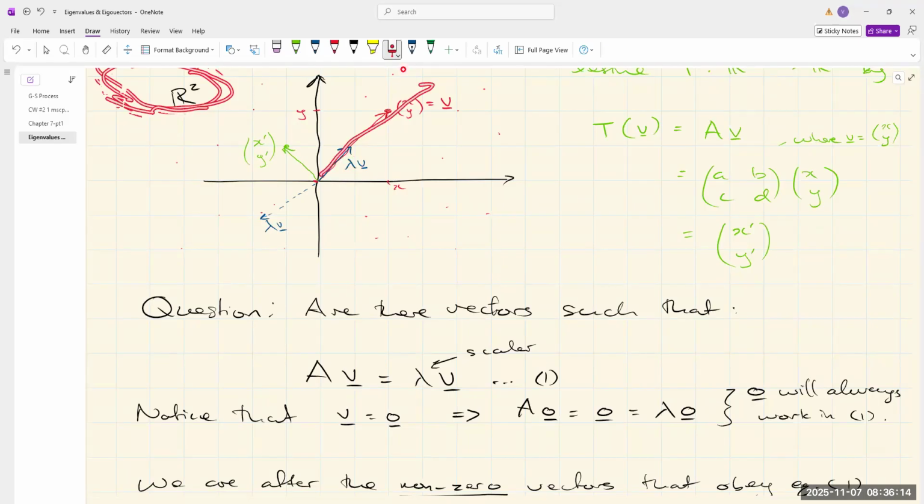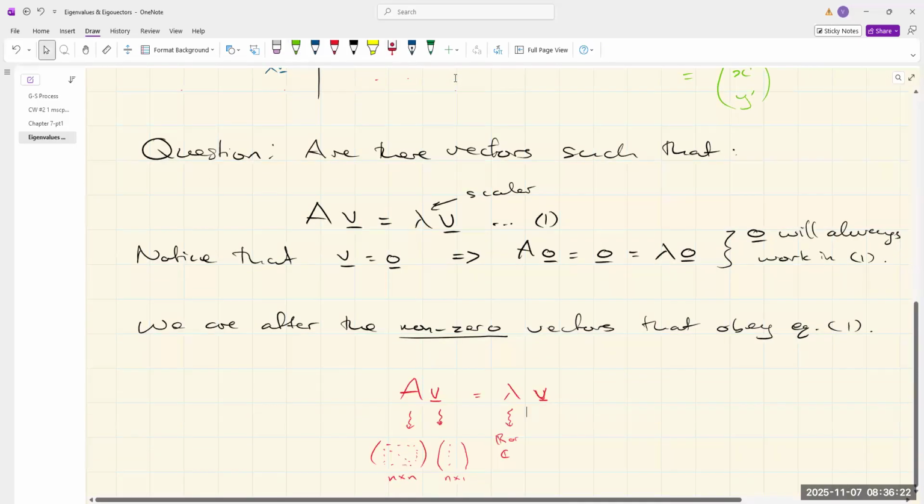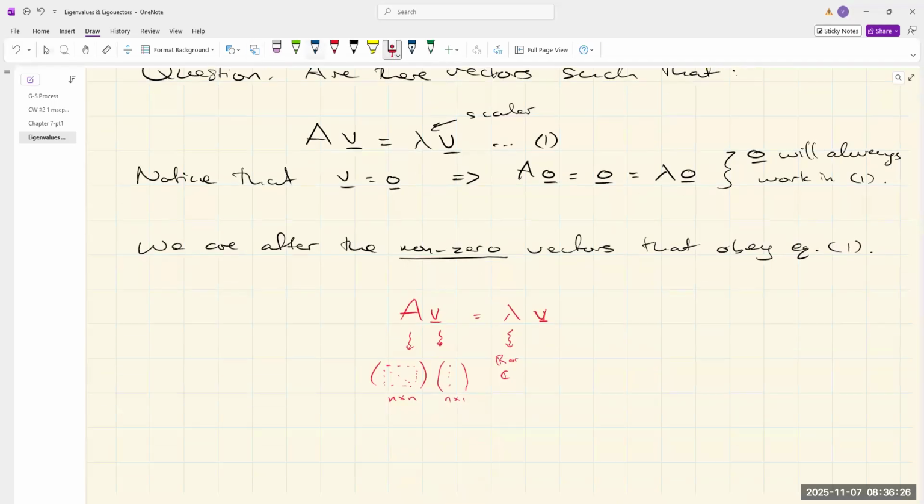So it could either be longer or shorter, or maybe it's pointing in a different direction, but it's along the same direction. Then we call such vectors eigenvectors, right? So the non-zero vector v that satisfies this equation is called an eigenvector.